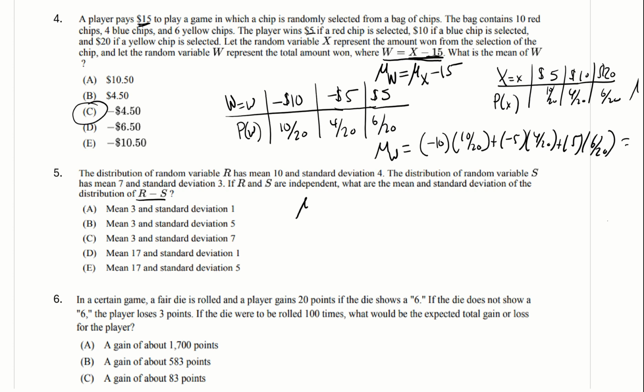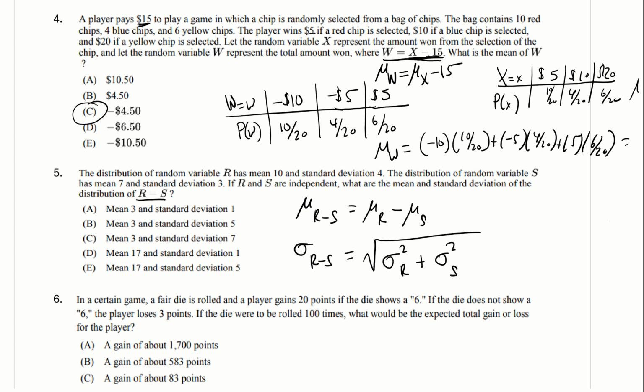So the mean of R minus S is the mean of R minus the mean of S. And then the standard deviation of R minus S is the square root of the sum of sigma squared R plus sigma squared S.